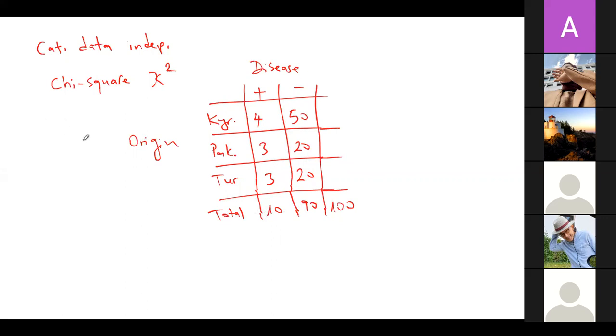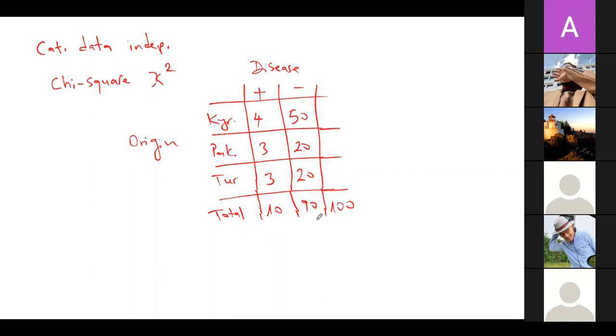The question in chi-square is, you have the observed values. These are your observed values, but you have also some expected values. Because if I have a total of 100 students, I would have some expectation: if 10 of them have the disease, how many of the Kyrgyz students should have the disease.